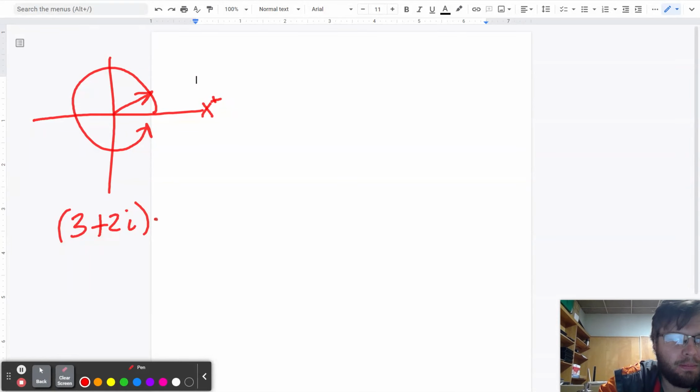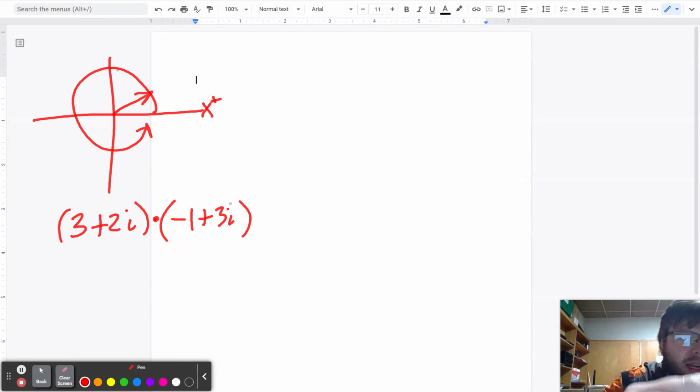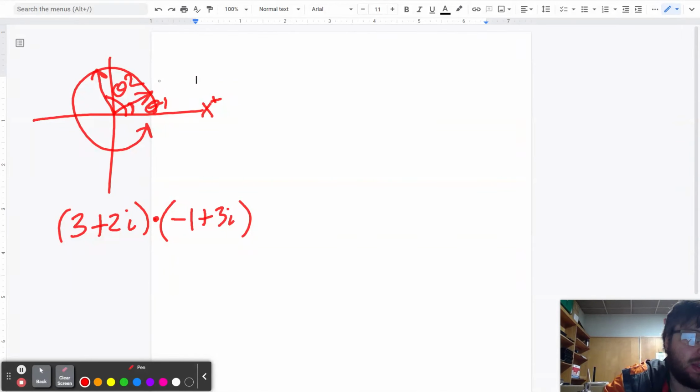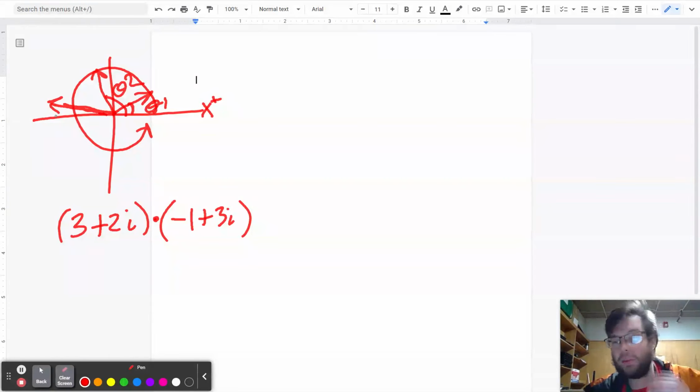And if I multiply that by a complex number like -1 plus 3i, which looks like this, I know I'm going to take this first angle, call it angle 1, and add on to it angle 2. So I know my answer is going to be somewhere over in this range right over here, just eyeballing it.